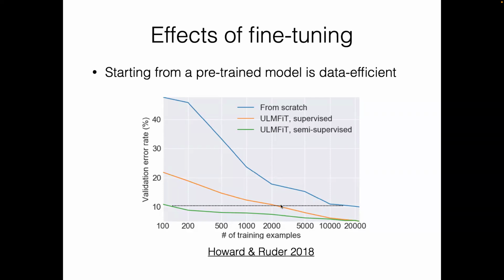And it seems like at any given amount of data, it's beneficial to start off with a pre-trained model. I'm actually forgetting, there were two different settings for their method. But the important idea I was trying to show is the from-scratch version versus using the initialization from the pre-trained model.